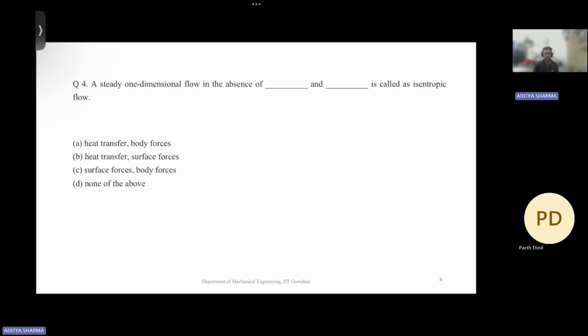A steady one-dimensional flow in the absence of dash and dash is called isentropic flow.